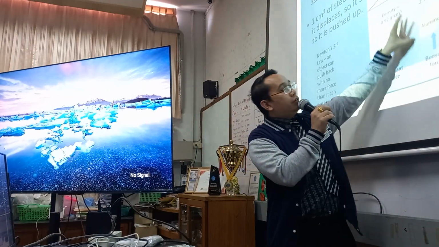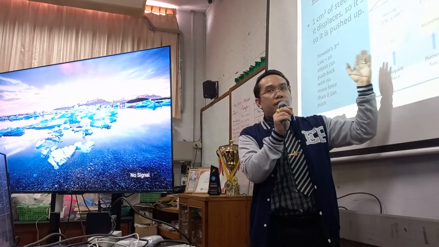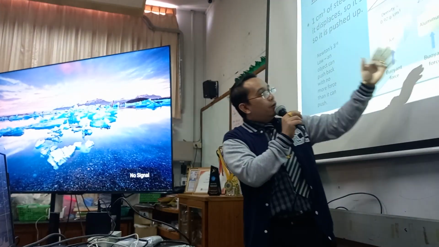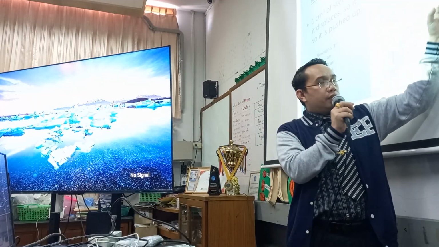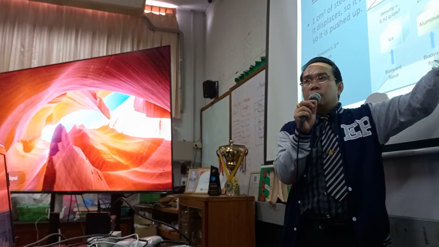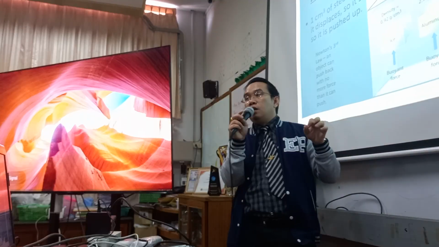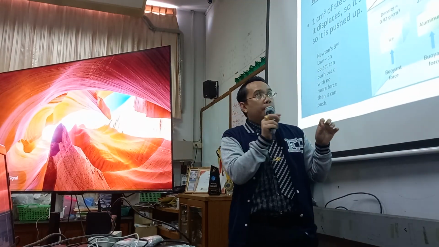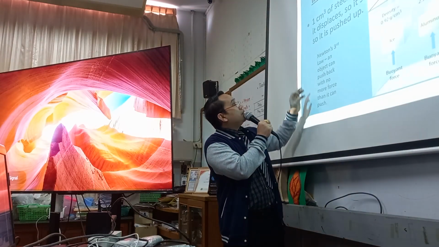Now let's go back to this diagram. The buoyant force exerted on ice, the buoyant force exerted on the aluminum object, and the buoyant force exerted on the steel. Now the question there is, is their buoyant force the same? Yes or no? Now, we shall check about its density.